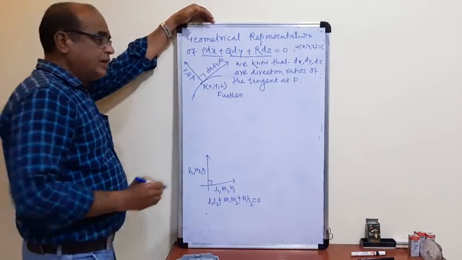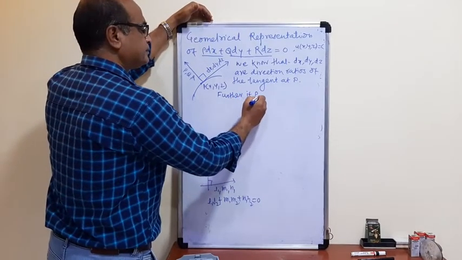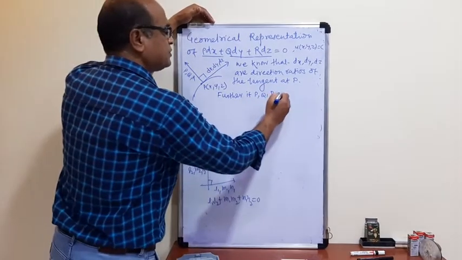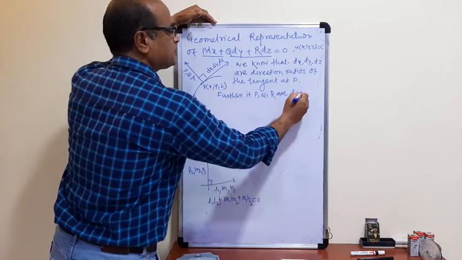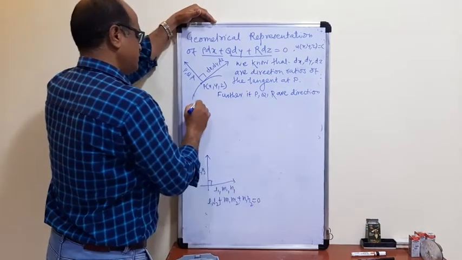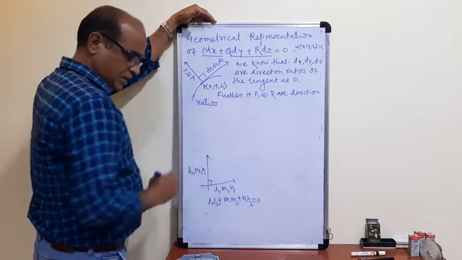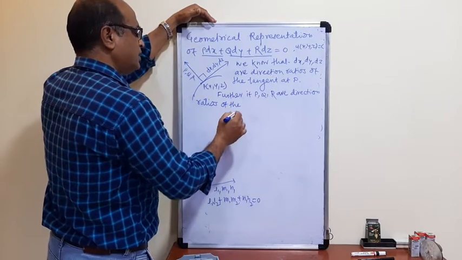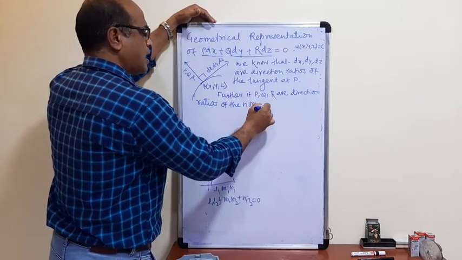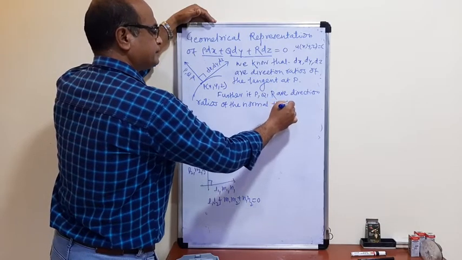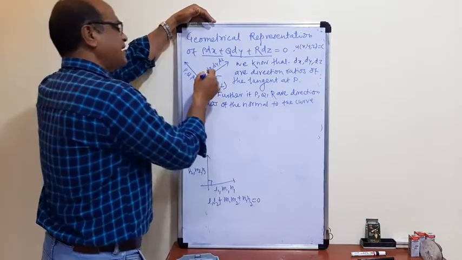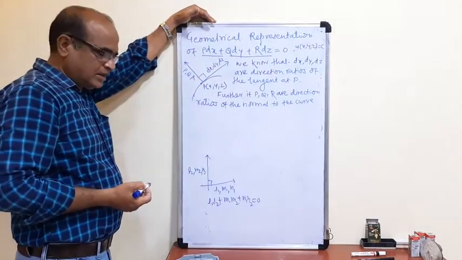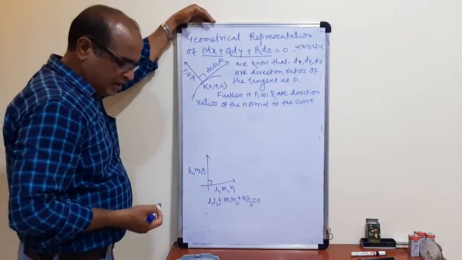Further, if P, Q, R are the direction ratios of the normal to the curve. Here dx, dy, dz are the direction ratios of the tangent, and P, Q, R are the direction ratios of the normal.